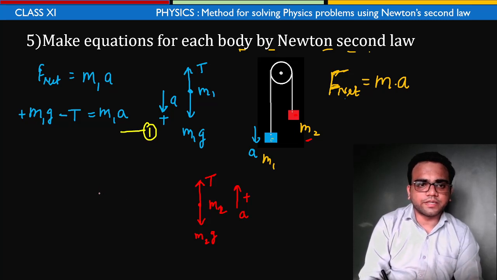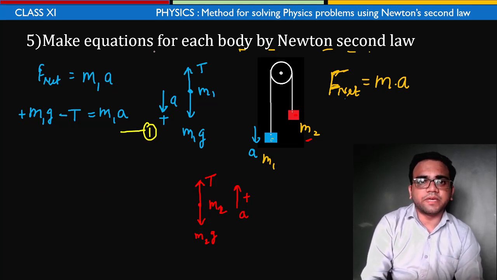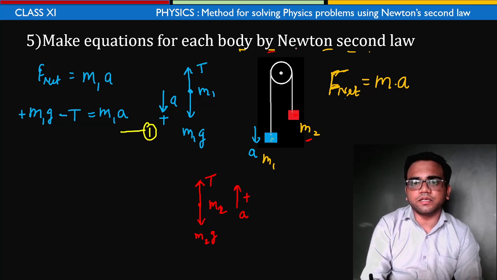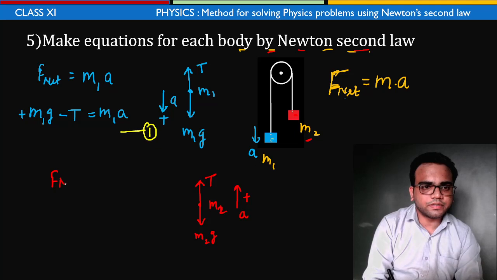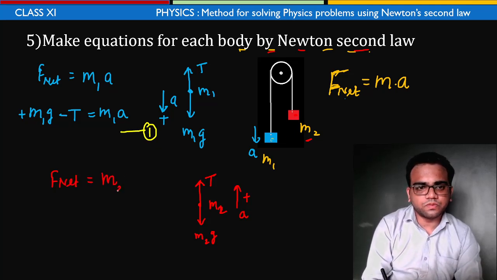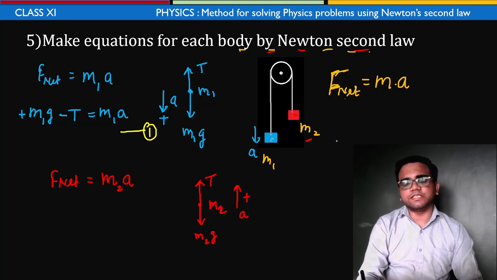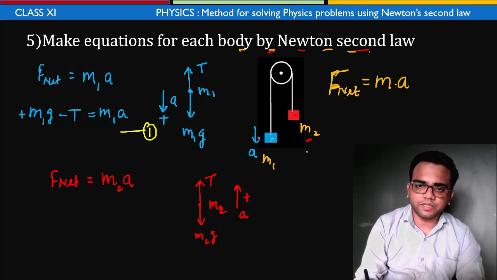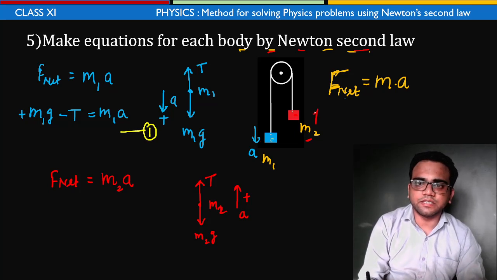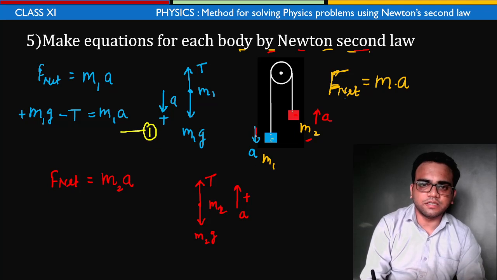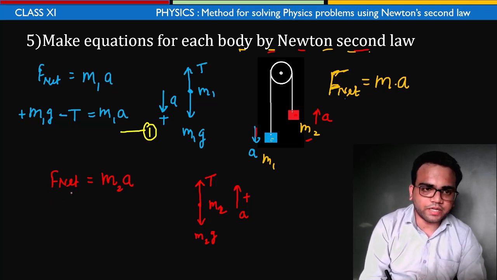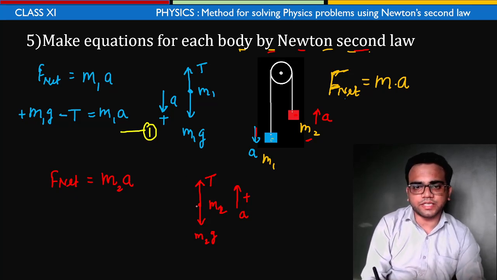The step is to make the equation by Newton's second law. So what does the second law say? F net is equal to the mass of the body, M2, times the acceleration, because the acceleration of both the bodies is the same, but the direction is different. This one is in the upward direction and that one is downward. So we write F net for the second body.